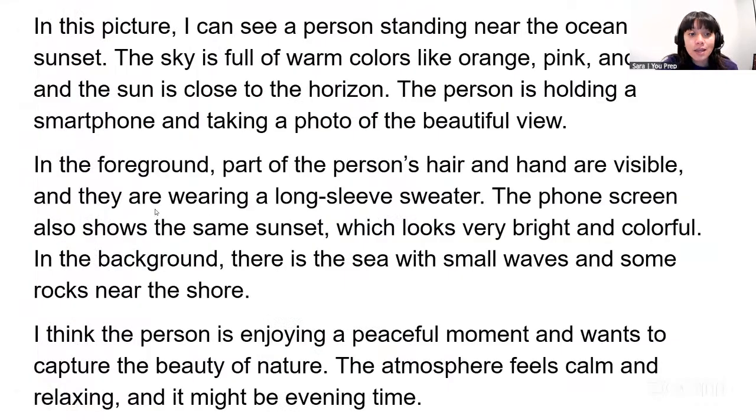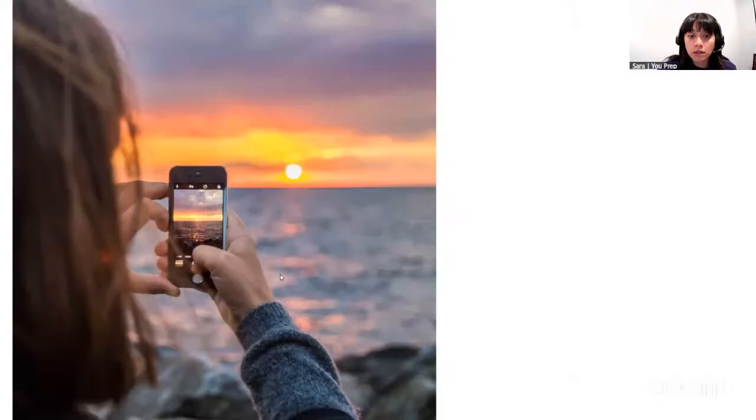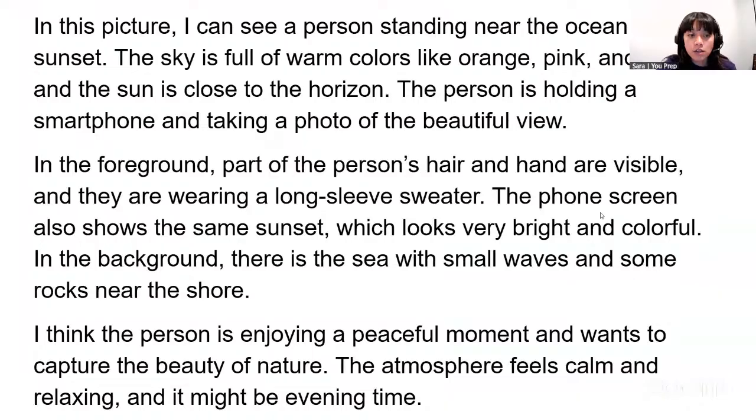And they are wearing a long sleeve sweater. I hope you remember we use they when we don't know if the person is a he or a she, as a neutral pronoun. We can clearly see that here in the picture. The phone screen also shows the same sunset, which looks very bright and colorful.